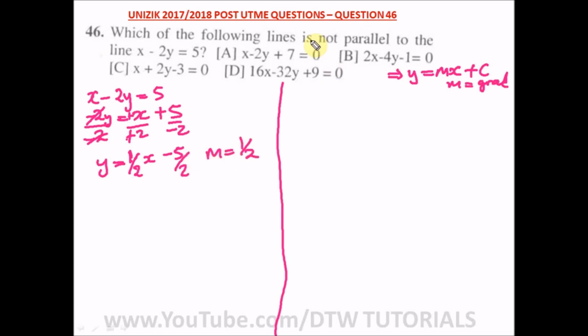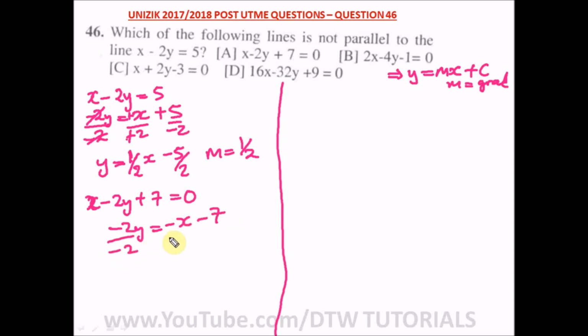So let's look for the gradient of the equations in our options, and check which one is not equal to this gradient. For the first option, we have x minus 2y plus 7 equal to 0. So we have minus 2y equal to minus x minus 7.